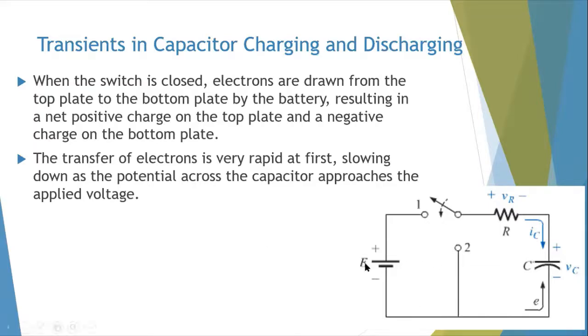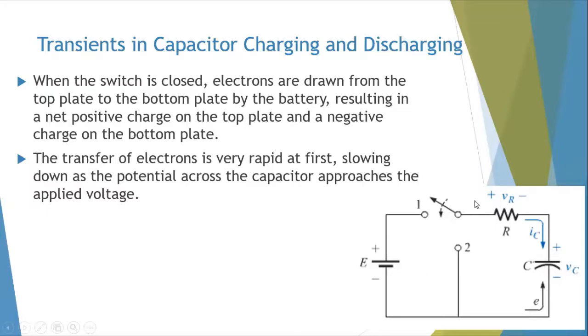This also means initially the capacitor will be at 0 volts when you turn on the switch, and this one is at E. So initially you expect a very large current, because you have the maximum difference in potential. This is at E initially, and this is at 0. The potential difference is going to be E itself, so the initial current is maximum.